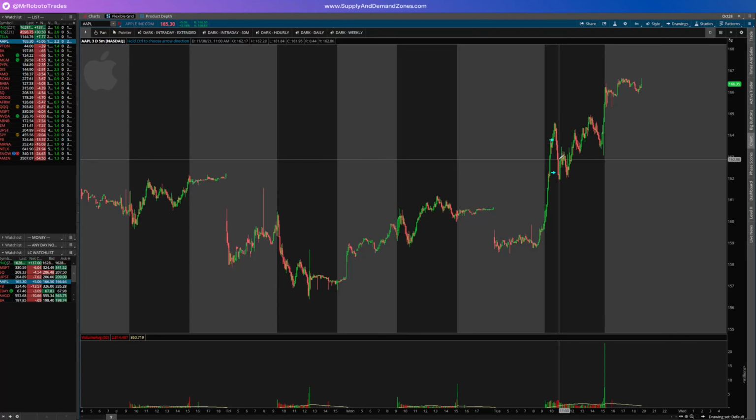Obviously, I was wrong with that, so I did end up getting stopped out for a little bit less profit for the remaining amount of my shares right here. This is about the point where I realized, oh well, actually, Apple does have relative strength. But yeah, this was a good trade, and I took this trade again off of my analysis on NQ. When I saw NQ selling off, I decided to take Apple puts. Wrote it down, and yeah.